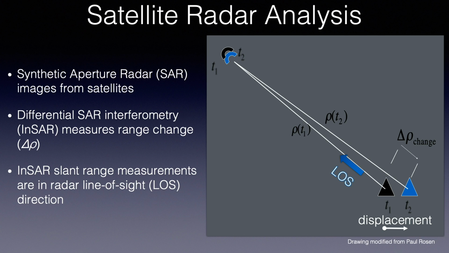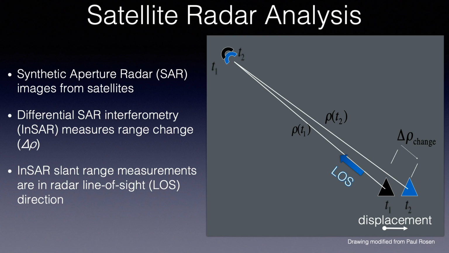I'm going to be talking about the synthetic aperture radar analysis that I've been doing using data from satellites that was collected with the synthetic aperture, or SAR, imaging mode. We do a next step of analysis, which is what we call differential SAR interferometry, or InSAR, to measure the distance change between the ground and the satellite on two different dates.